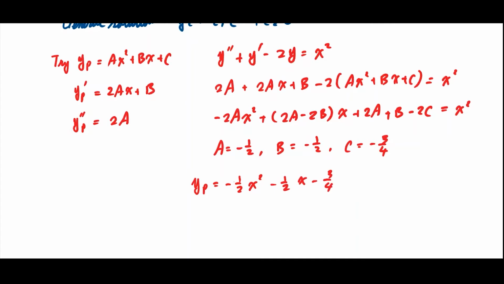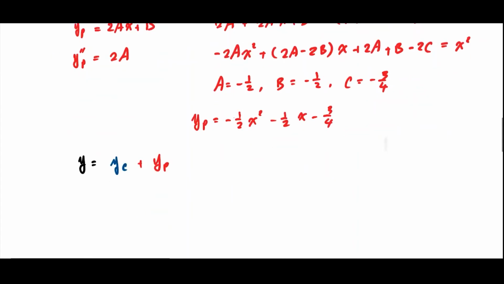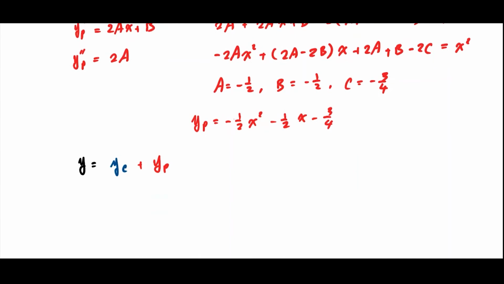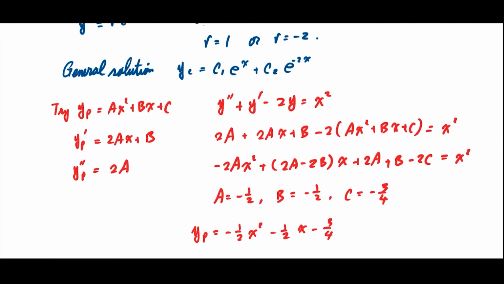Now your entire solution, y, has to be your y of the common solution, the general solution, plus your particular solution. Both of them. Really? Okay. So what is your y then? Your y should be this thingy here. Oh, this is a computer.